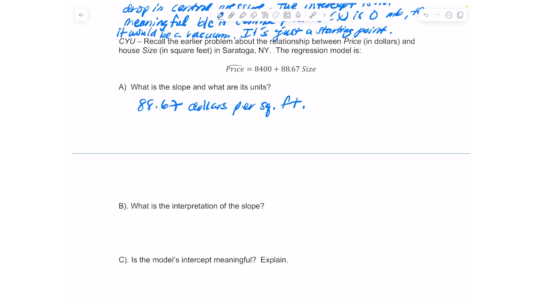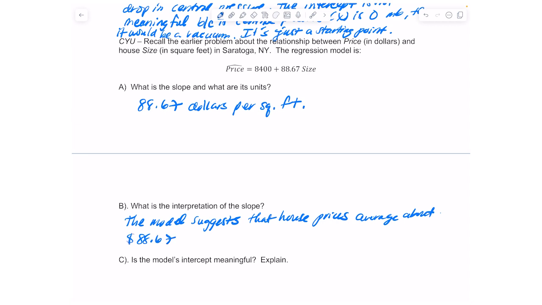What is the interpretation of the slope? Well, the model suggests that house prices average about $88.67 higher per additional 1 square foot of size.